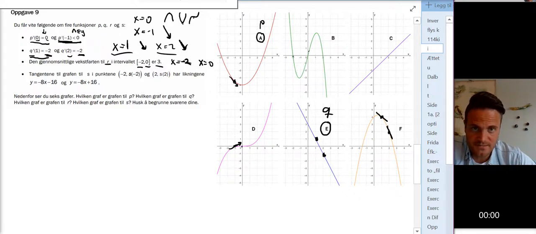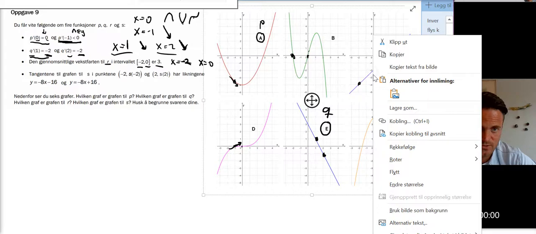We start at x = -2 with 0 degrees, and when x is 0, it's still 0 degrees, so there's no change. The average rate of change is 0 here, right? There's a lot of change in between, but the average rate of change is 0. So it's not this. Let's look at number C here. When x is -2, we have -4 degrees. When x is 0, we have -2 degrees.